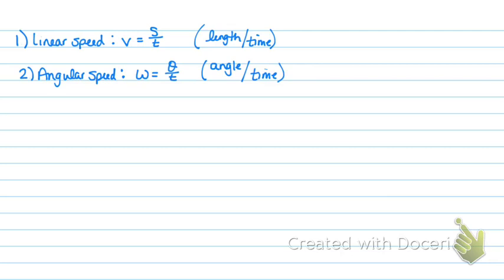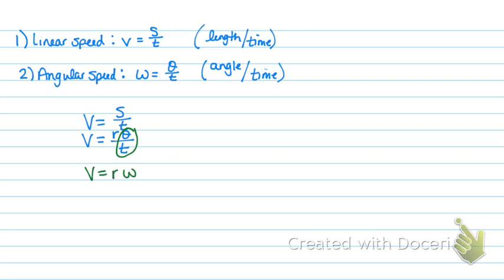Now, we can take both of these, and there is a relationship between them, because we know that linear speed is equal to our arc length over time, and we know from earlier in the lesson that arc length is r times theta, and so it's over time. And if we take that theta over time, we see right above there that that's equal to omega.